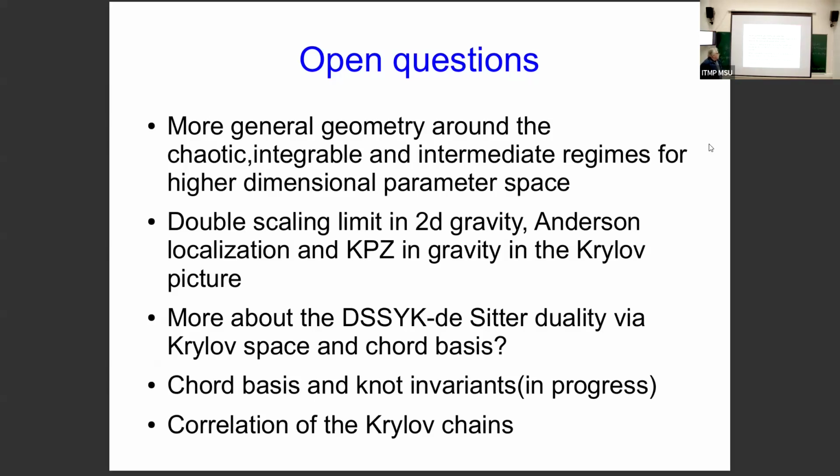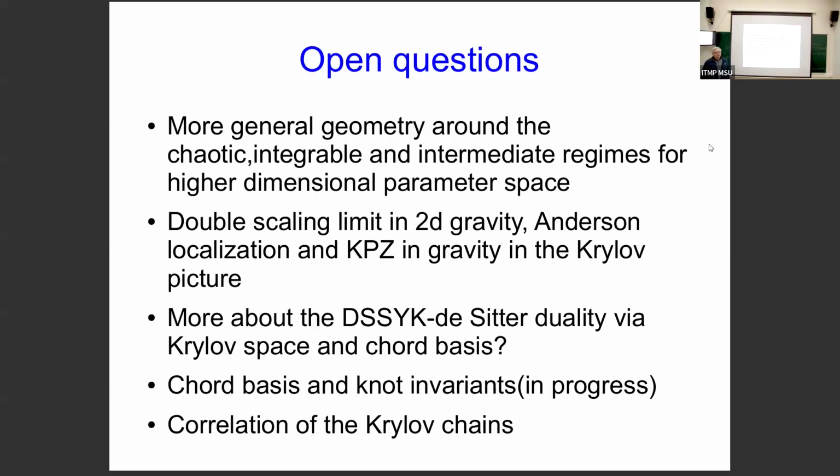Moreover, there are interesting questions concerning, well, when we consider the double scale SYK, the so-called chord basis is used. So we consider a circle, we have a set of chords, and these chords provide the Krylov basis.